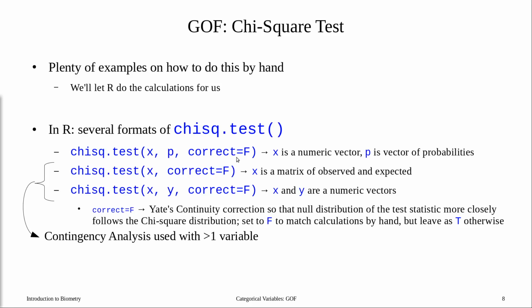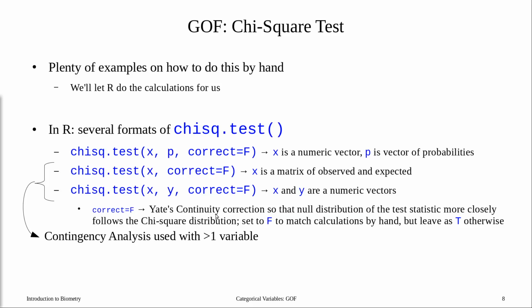This correct equals FALSE refers to Yates continuity correction. This is a correction that tries to get our chi-square closer to the actual chi-square distribution. We would use this if we're concerned that we are deviating a little bit. If I was only doing one chi-square, I would probably use Yates continuity correction.